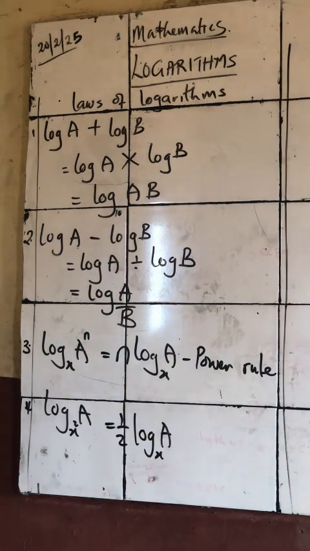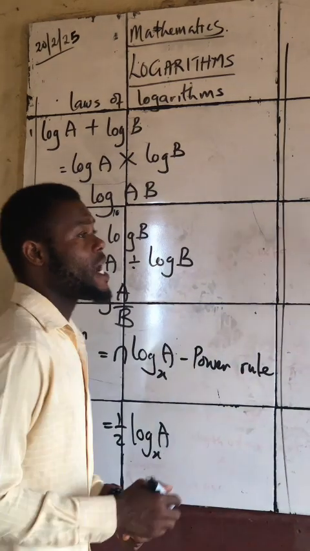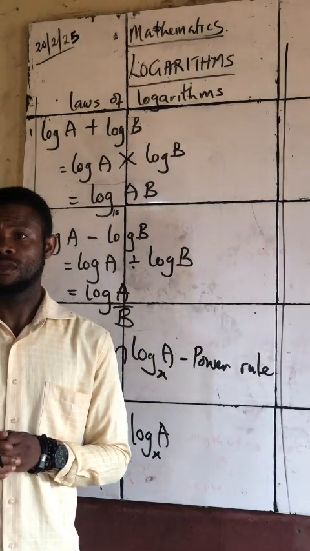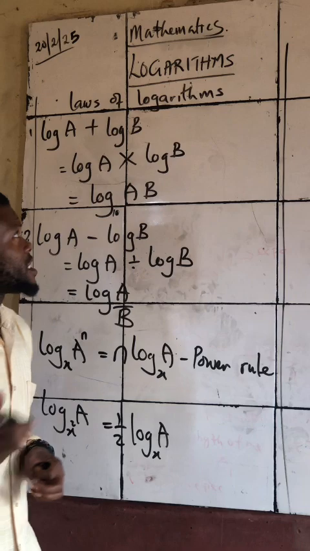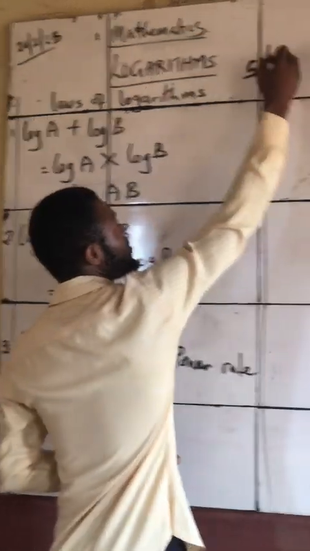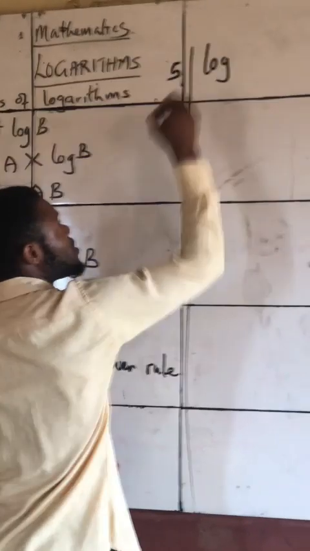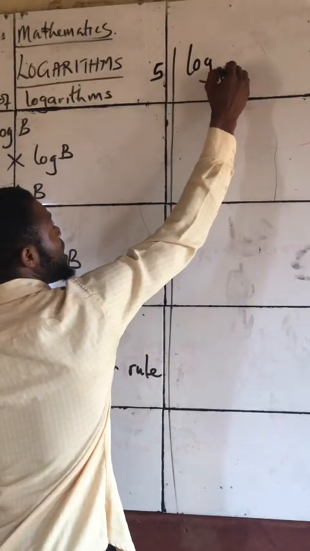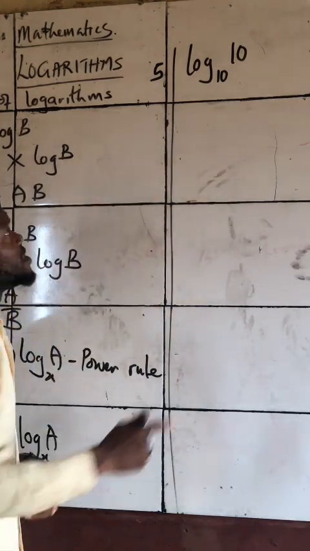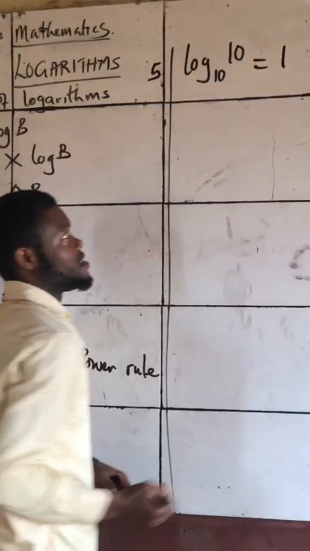And again, we have another one. In indices, we said anything raised to power 0 is 1. But in log, it is not 0. If we have log 10 base 10, then this gives us 1.